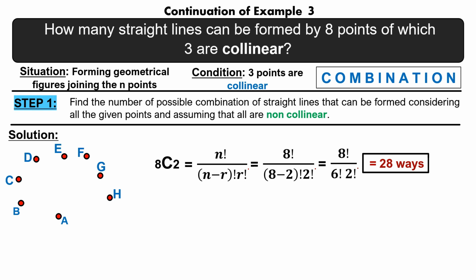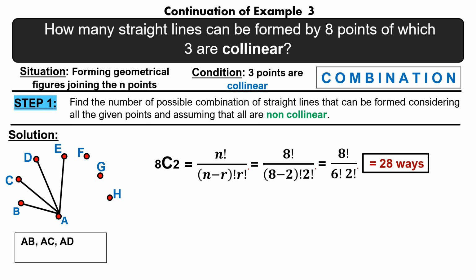Okay, so let us start joining the points A and B. Then, A and C. Then, A and D. Then, A and E. Then, A and F. Then, A and G. Then, A and H.